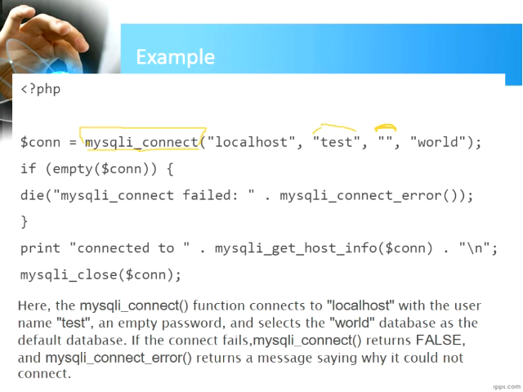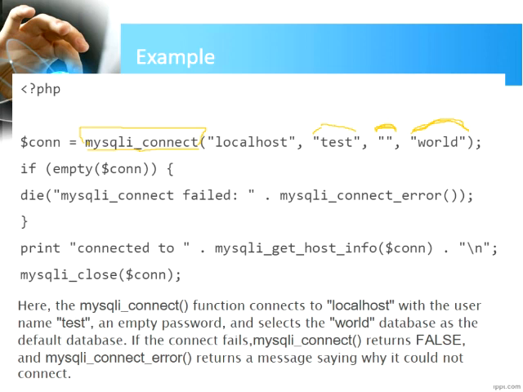And world, the name of our database. So to create a connection to a database, we can use MySQLi Connect. After that, we specify the IP address of the database server, the login, the password, and the name of our database. It's clear?